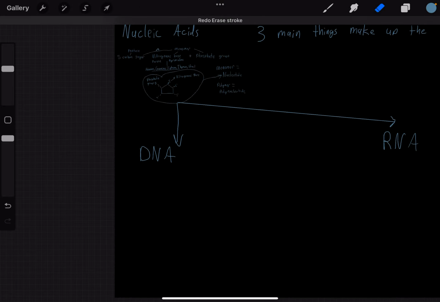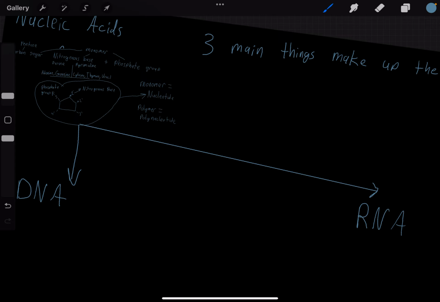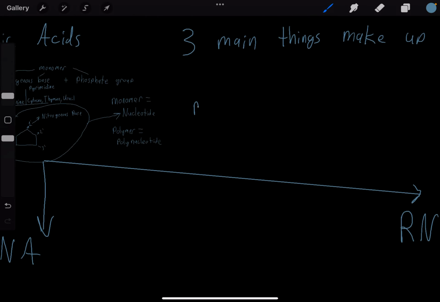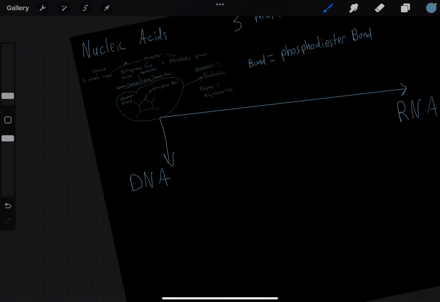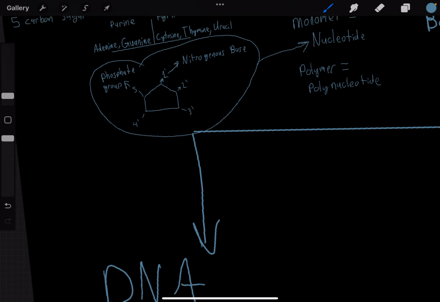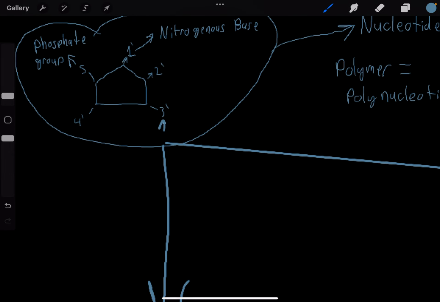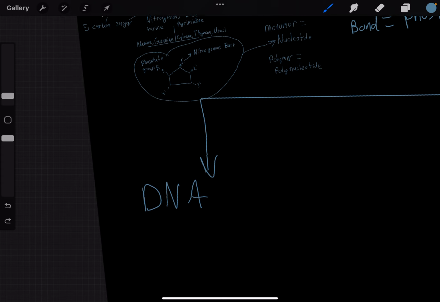The bond that these two create equals a phosphodiester bond. So the bond between the phosphate group and the 3 prime is a phosphodiester bond.